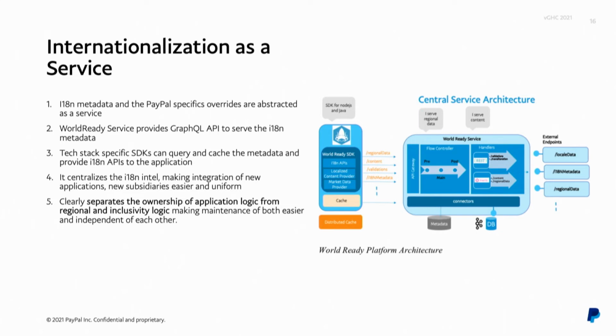So even though they don't have this SDK, they come with another technology stack that we don't have SDKs for yet, they can directly get this metadata and the logic from our internationalization service as a GraphQL API and move on. So it's really easy to integrate with. It's easy to build on top of this.